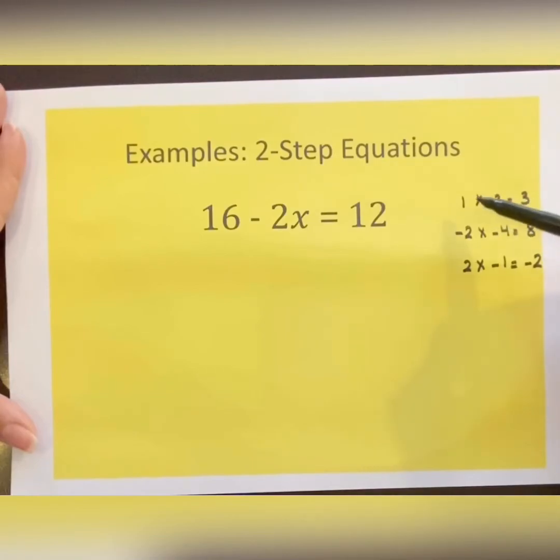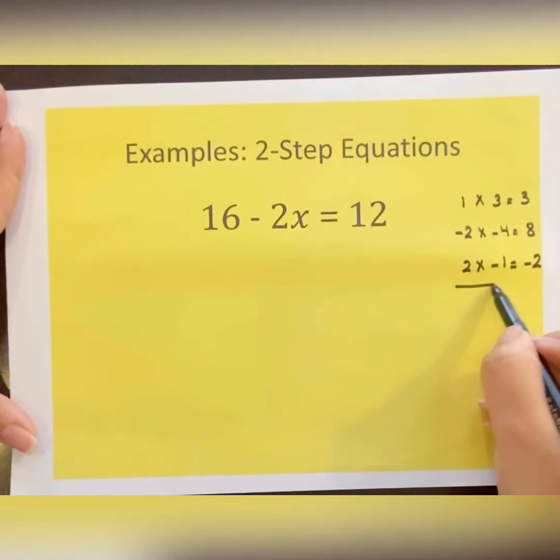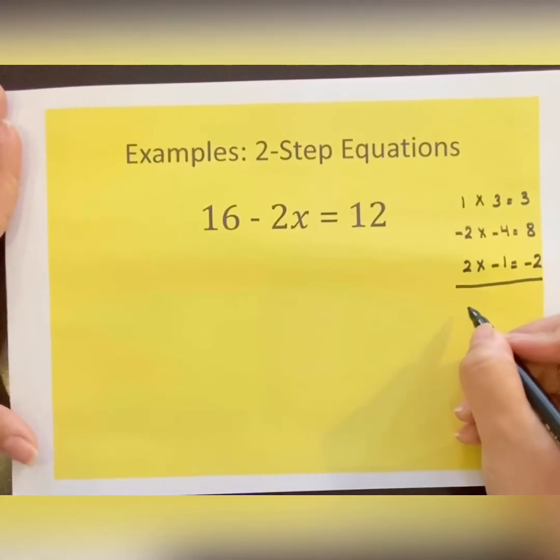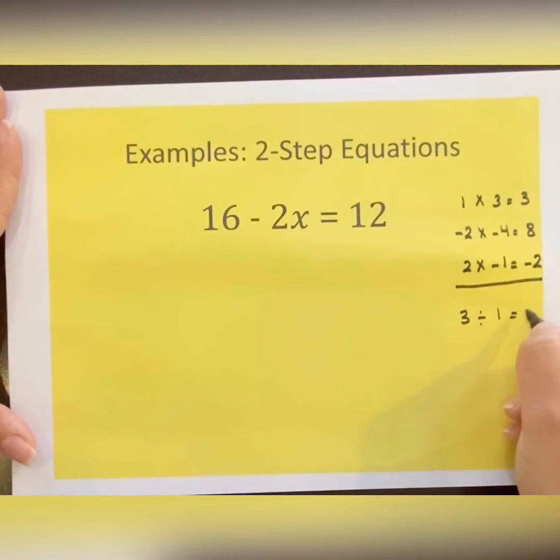So, as you can see, multiplying two positive integers will give you a positive integer. Multiplying two negative will give you a positive. Multiplying one positive and one negative will give you a negative. And the same for the division. If you are dividing 3 divided by 1, it equals 3.